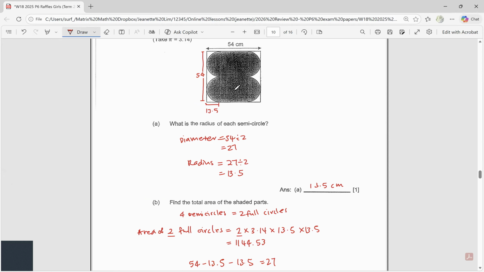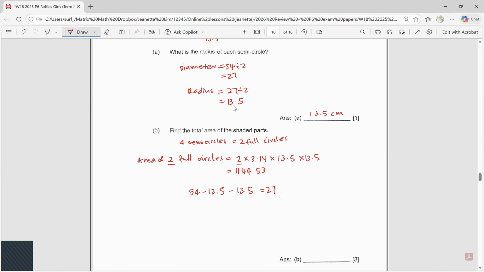Okay, so the area of the rectangle in the middle is 27 times 54. So area of rectangle, 27 times 54.